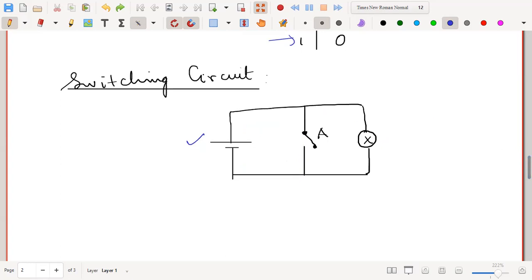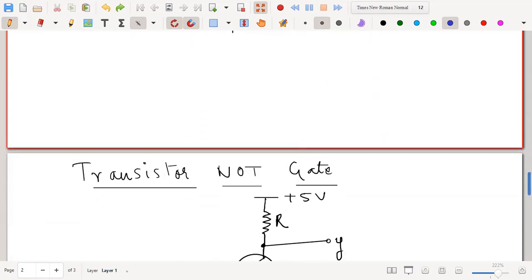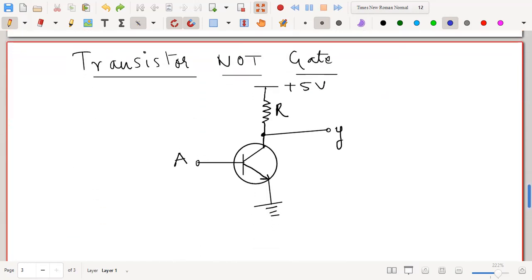So now, before I conclude, let me show you the transistor NOT gate. Here we see the transistor NOT gate. You can see this circuit here.